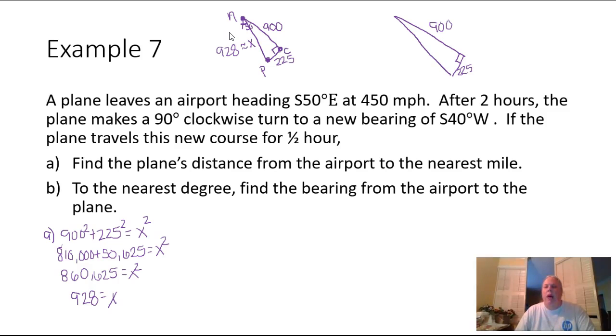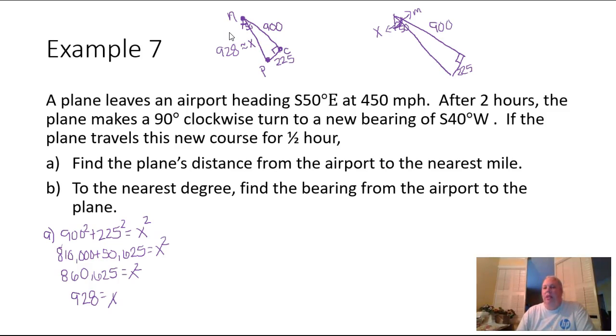I just found the hypotenuse, but I'm not going to use that. And I also know that this angle right here measures 50 degrees. All right, and I'm looking for just this side right here. So if I knew this side over here, then I could just subtract that from 50 and it would tell me what I'm looking for.